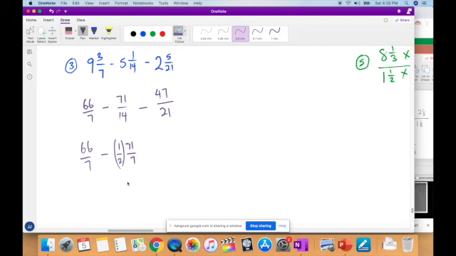Alright, I converted this to this. Do you agree with that? Yeah. Right? Also, I could say that this would be a third multiplied by 47 over 7, eh? Right. That is one way to work it. Is there any other way to work it, in terms of, could I just pull something out of all of them?